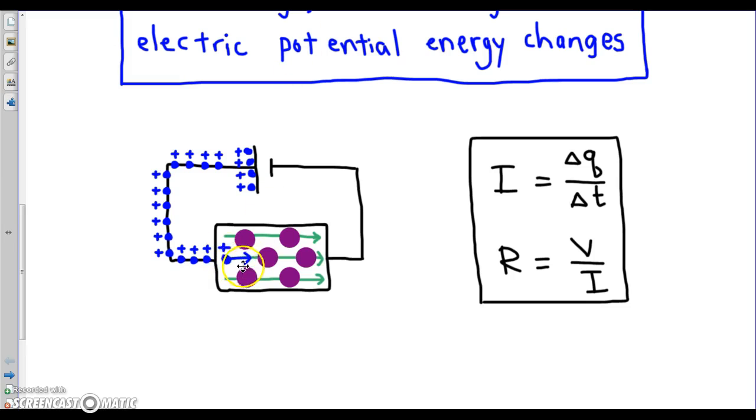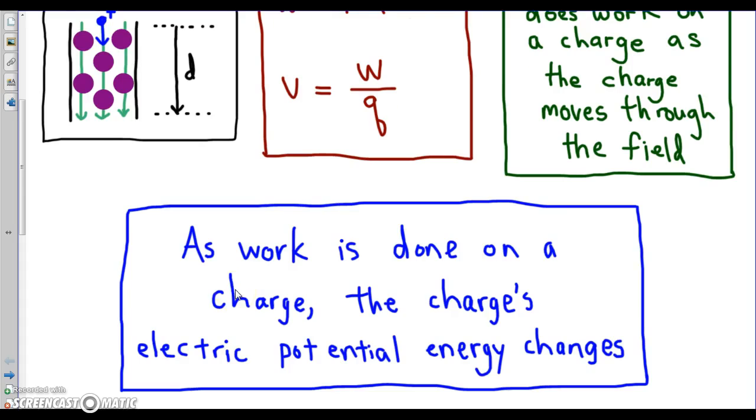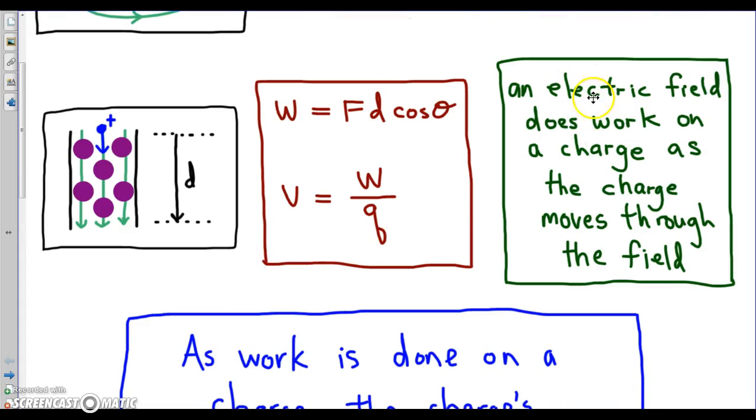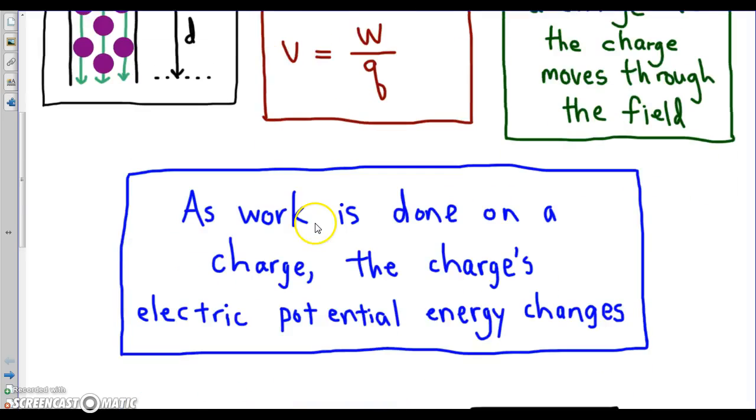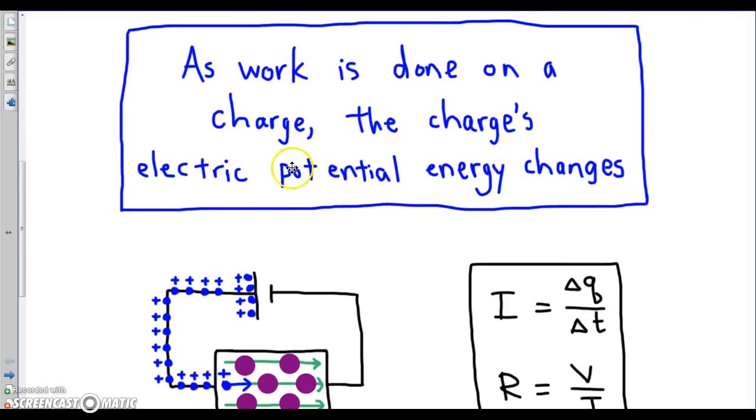Look at what's happening. There's a field in green, and there's a force in blue. As the resistor moves across the field, what happens? The electric field does work on the charge as the charge moves through the field. And when the work is done, the electric potential energy changes.